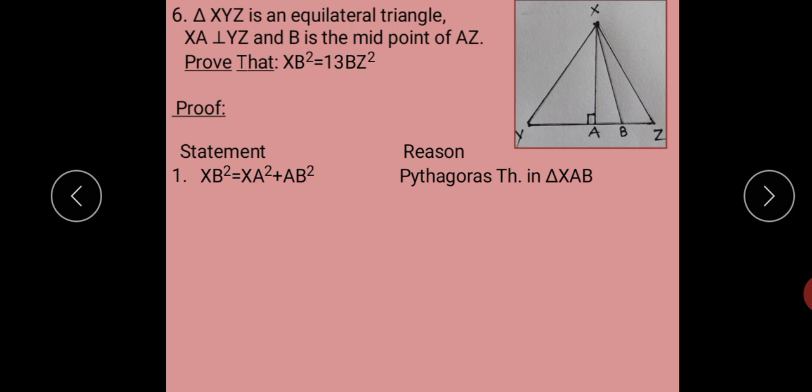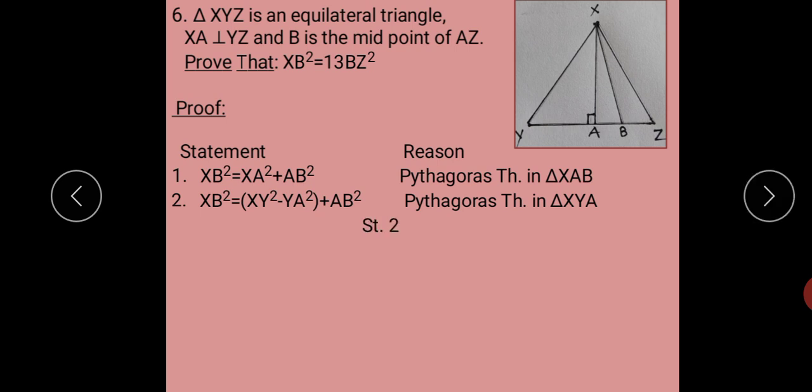Again, Pythagoras theorem, height square is equal to hypotenuse square minus base square. XY square minus YA square, that is hypotenuse square minus base square, is equal to height square XA square. We have used Pythagoras theorem in right angled triangle XYA.